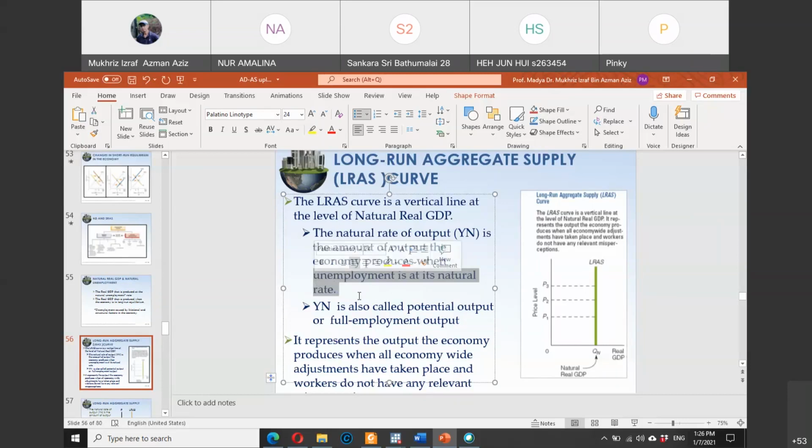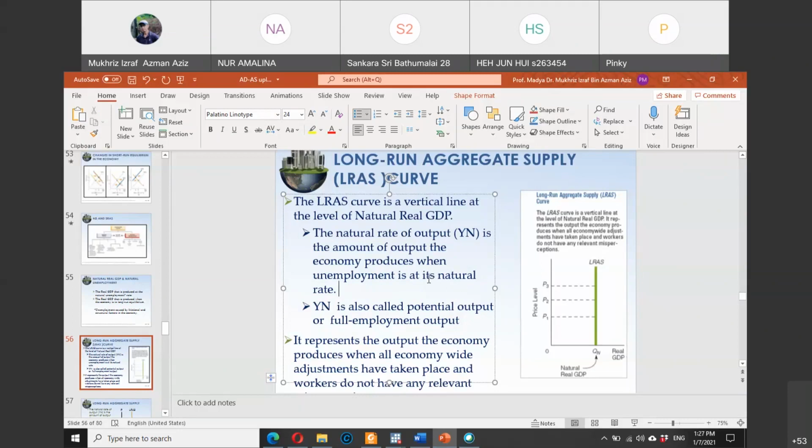For example, you are switching jobs from company A to company B. Say you have a 1 month gap between the two. Within that 1 month, when you have no job, that is part of the natural unemployment rate, meaning the transition between moving from company A to company B.